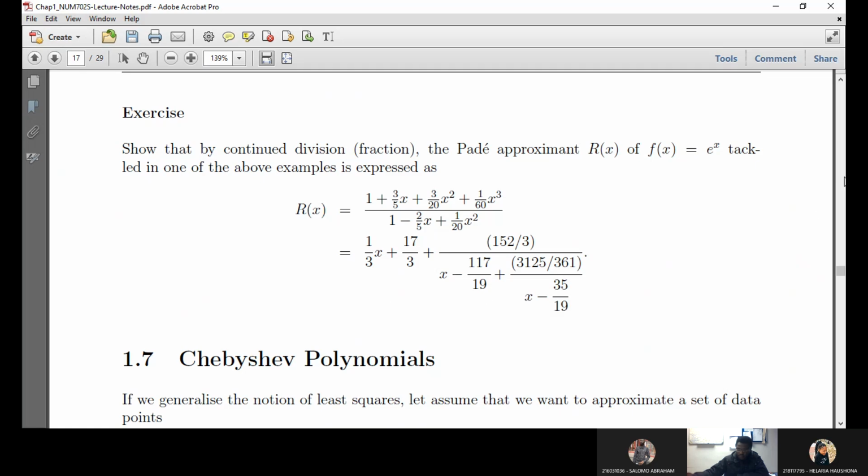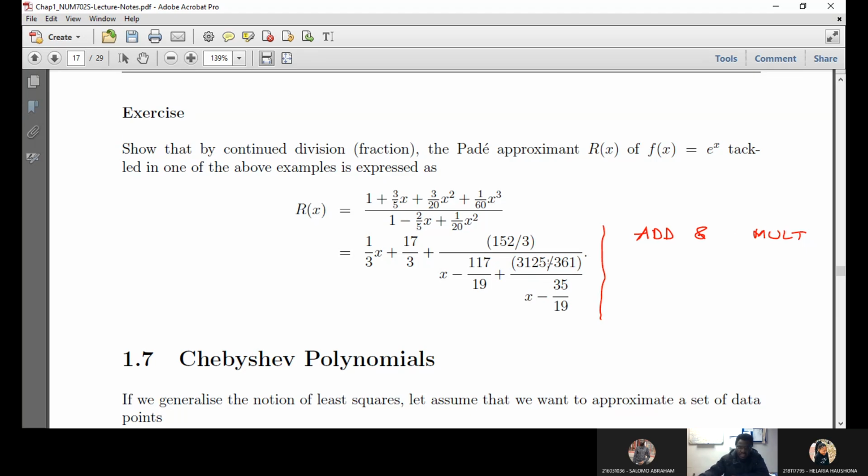Now here in the continued fraction form, let us count the number of additions.